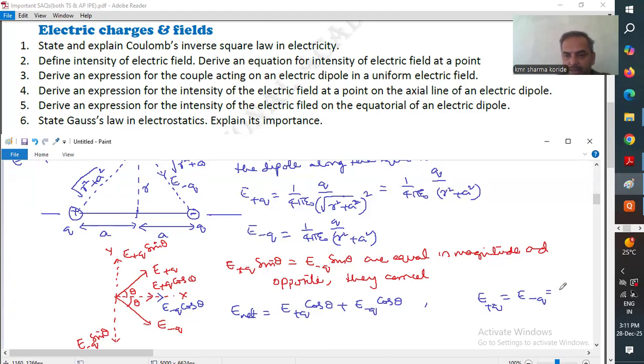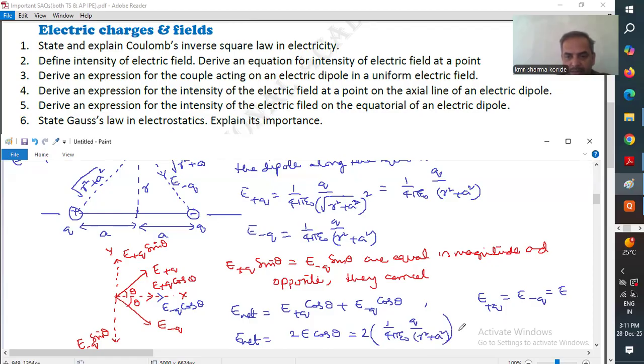So let us call this E only. Now joining the same quantities, you get E net as 2E cos theta. So the E equation is this, and either one can be E. So therefore, 2 into 1 by 4 pi epsilon naught, Q by R square plus A square.